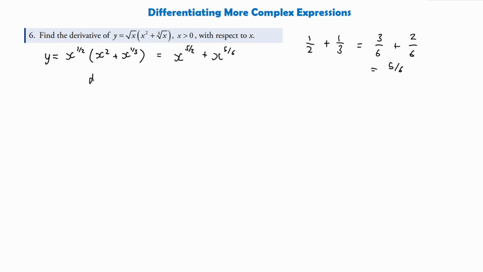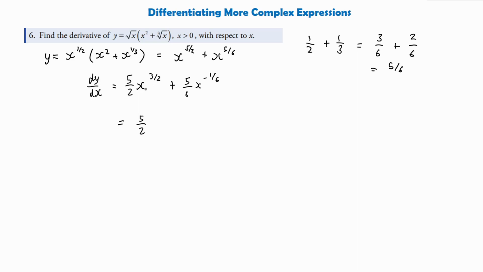So we would say that dy by dx, bring the power down to the front, subtract 1 from the power, bring the power down to the front, and subtract 1 from the power, we're going to get minus 1 over 6. And again, we'll tidy this up by saying that this is 5 over 2.